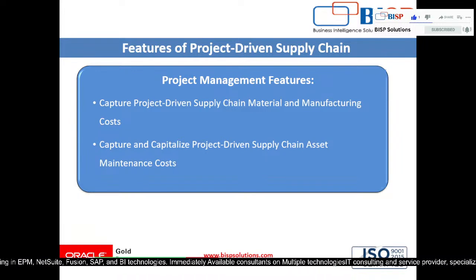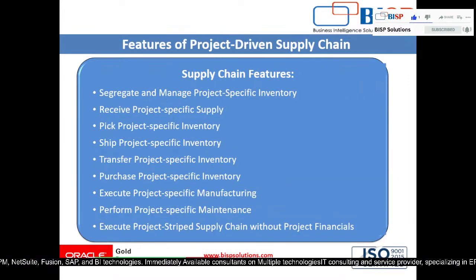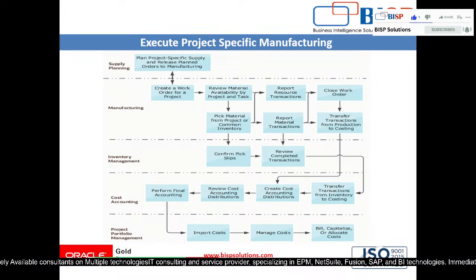Now let's see one or two features of this supply chain. Like we have execute the project specific manufacturing and supply, right? Let's discuss this execute project specific manufacturing, right.